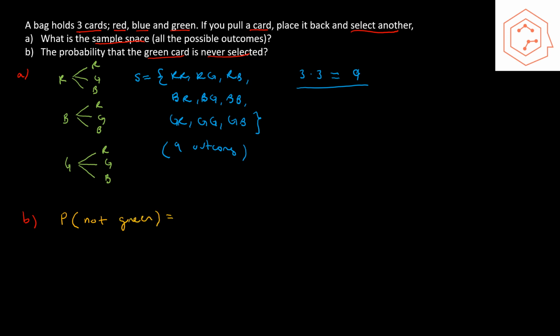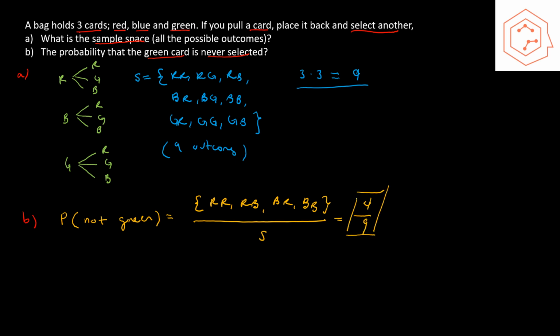The number of events that don't have green consists of red red, and red blue, because we can't have red green, or blue red, and blue blue, because we cannot have blue green. And anything where green is selected first also is not in our successes. Divided by our sample space, which has 9 total events, then the probability that we do not have green is equal to 4 over 9.